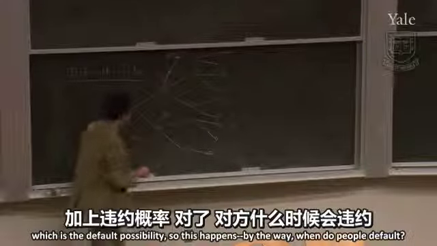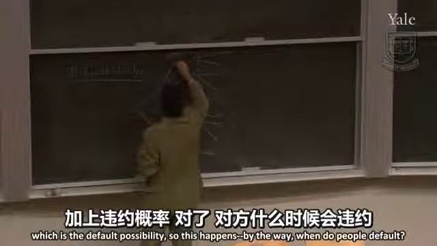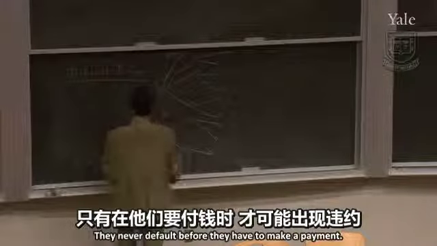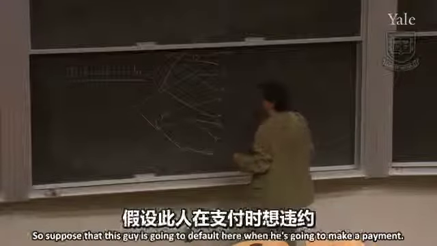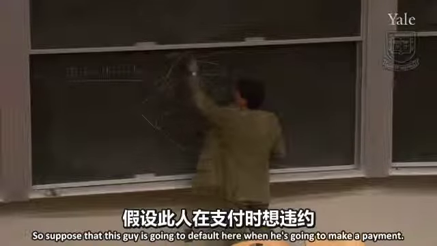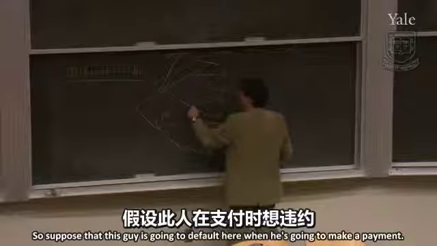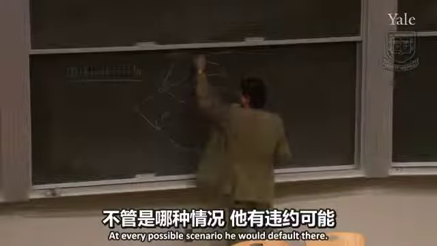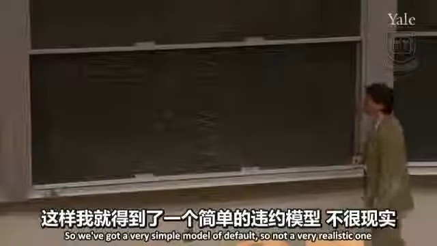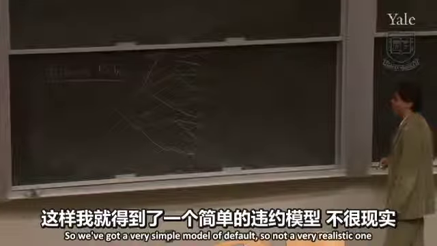By the way, when do people default? They never default before they have to make a payment. So when do they default? Exactly when they're supposed to make a payment. So suppose that this guy is going to default here when he's going to make a payment. At every possible scenario, he would default there. So we've got a very simple model of default.